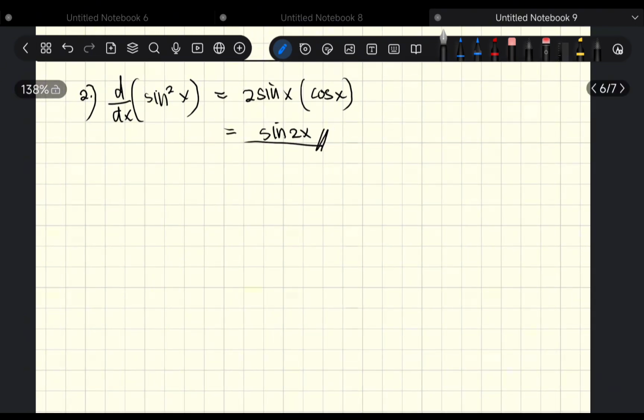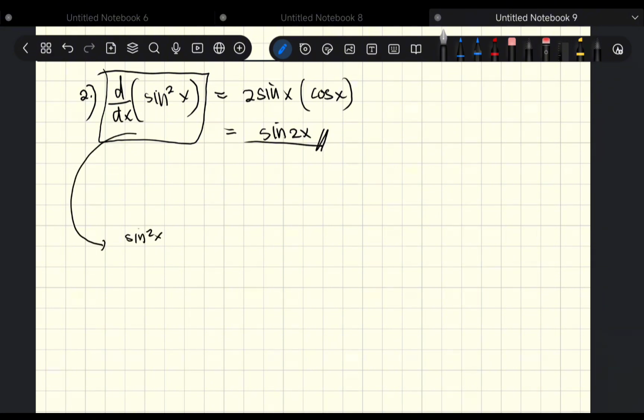We can also use half angle identities, so that is sine squared x is equal to 1 minus cosine 2x all over 2.